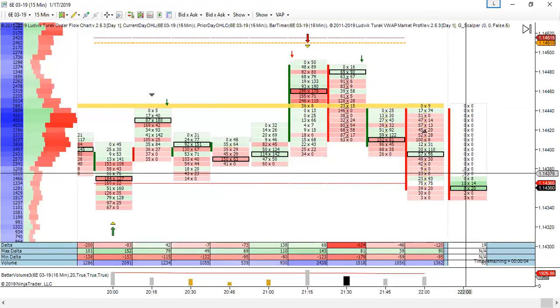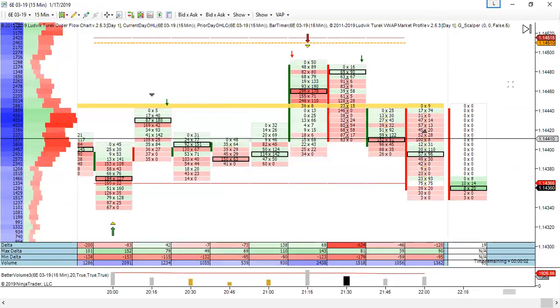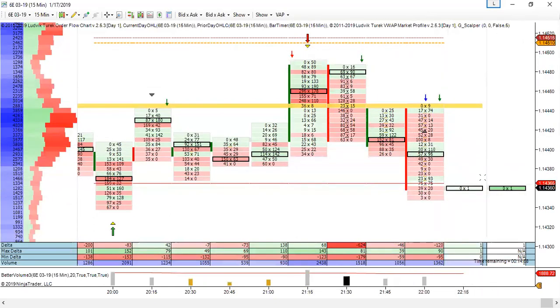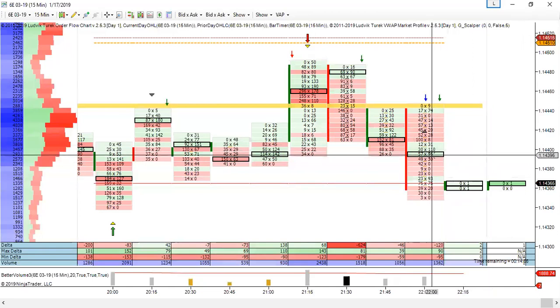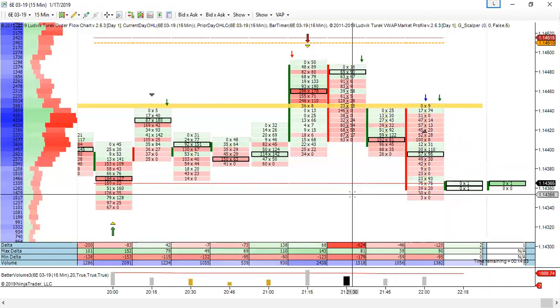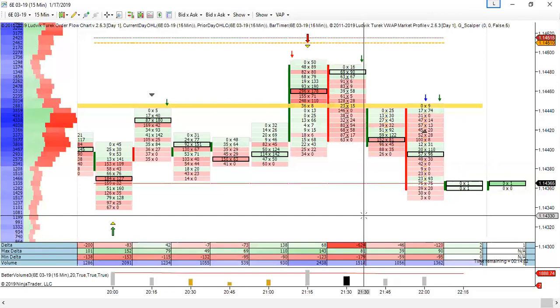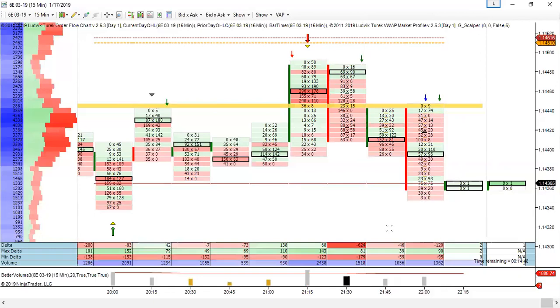Even at the action bar, you see the lots coming into the market are from the buyers. Now, I don't know what's going to happen. Probably this is just the New York session, but I can't wait to see what the move is going to give us.